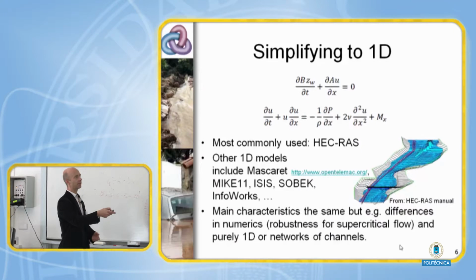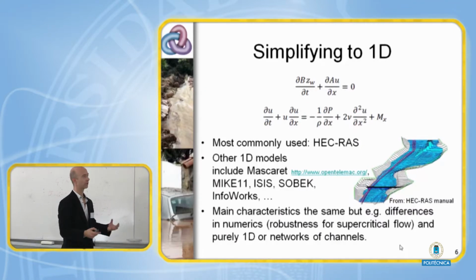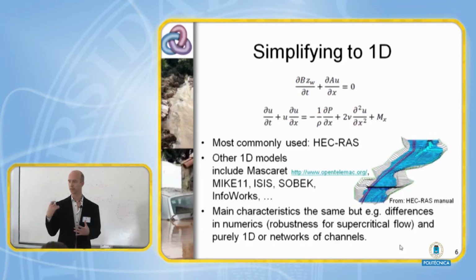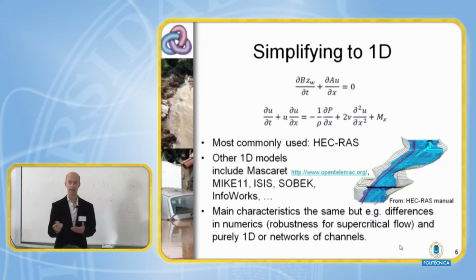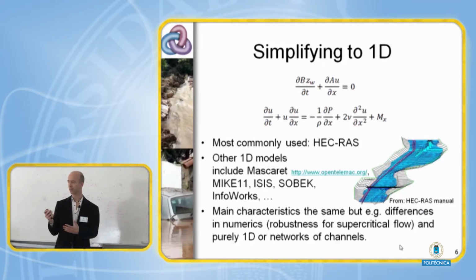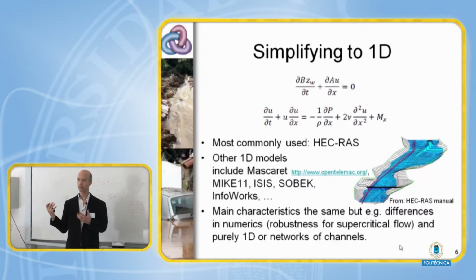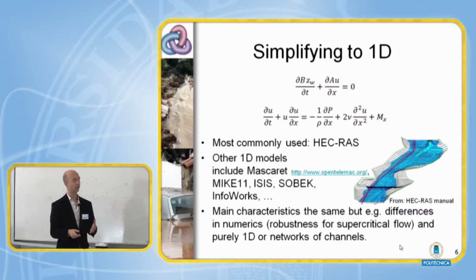But yeah, it does not matter too much which hydraulic model you are using. Most of the characteristics are the same, but there are differences in the numerics. So sometimes if you have a steep river, you may have simulations crashing in one model and another model running, because supercritical flow is not handled well by all the numerical schemes around.